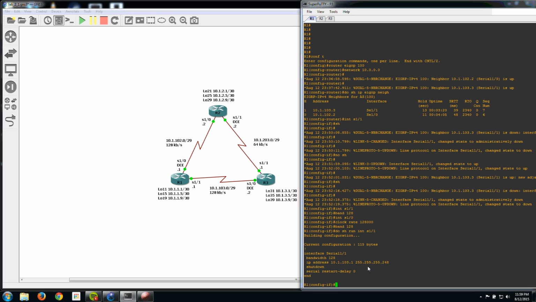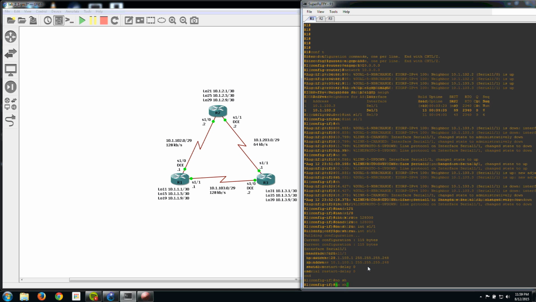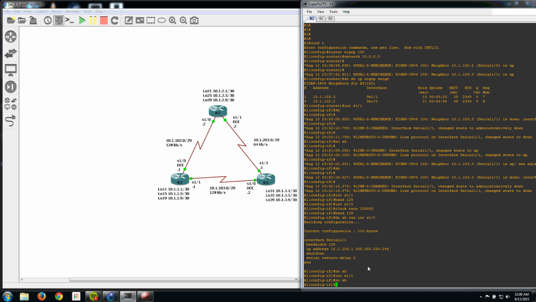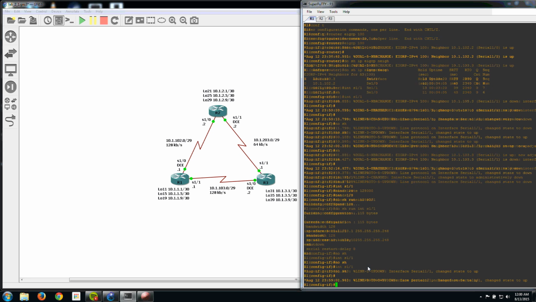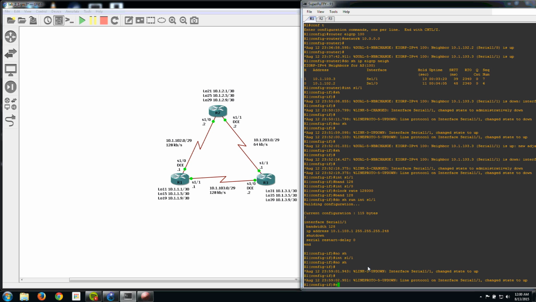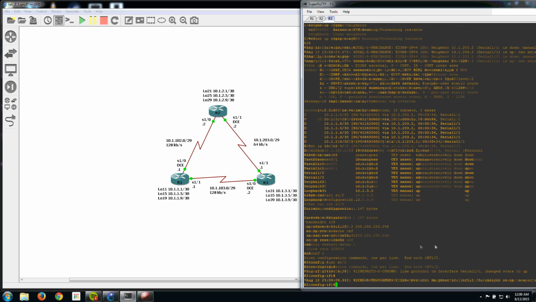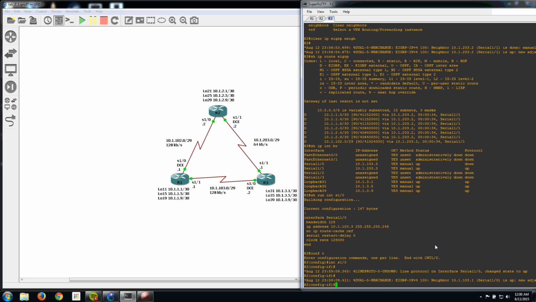I don't remember shutting that down. S11 no shut. There we go. I knew something seemed a little fishy there. Alright, that is up. We have our neighbor.